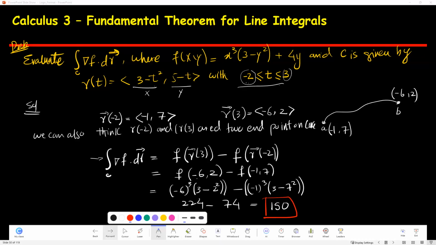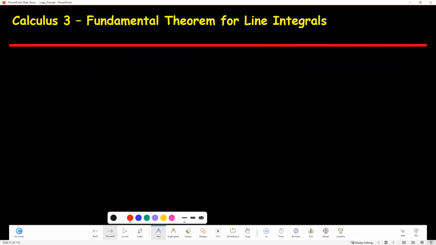Okay, let's look at another problem for the fundamental theorem of line integrals. Suppose f is given like this.